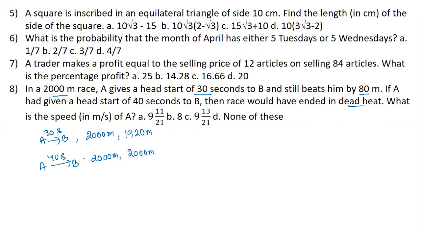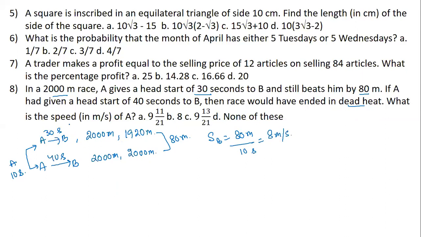From these two scenarios, if A gives 10 more seconds head start to B, then B covers this 80 meters. So the speed of B is 80 meters divided by 10 seconds, which is 8 meters per second. That is the speed of B.